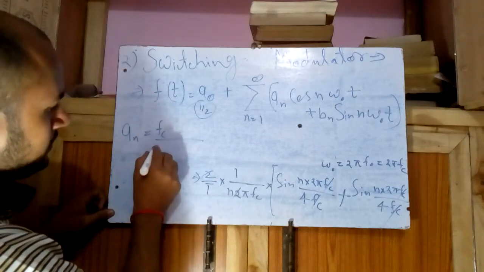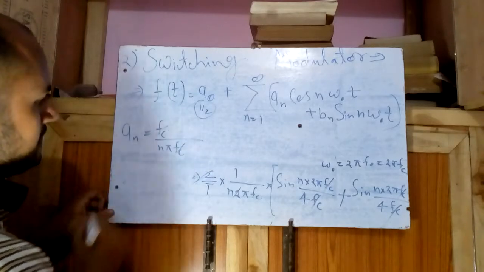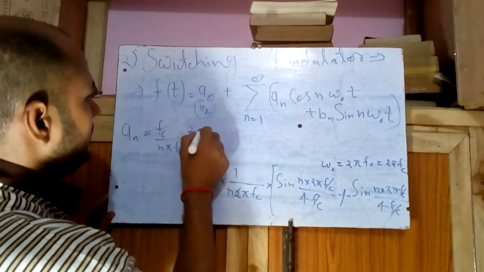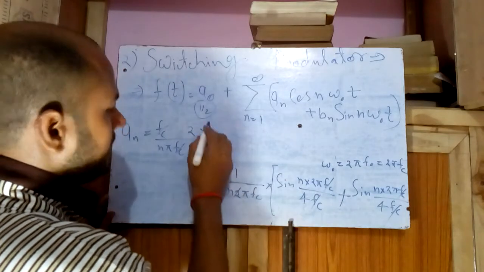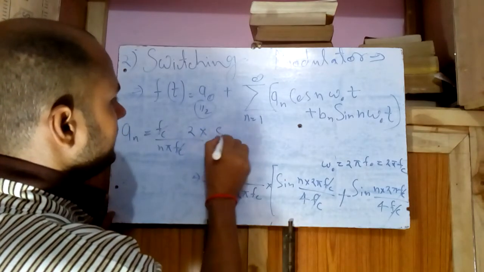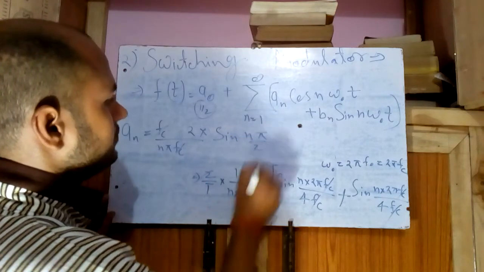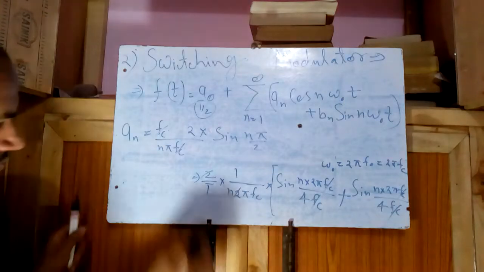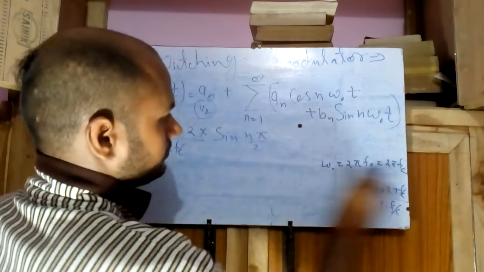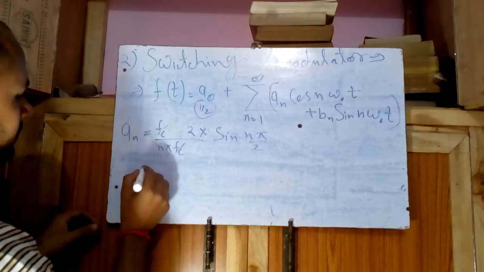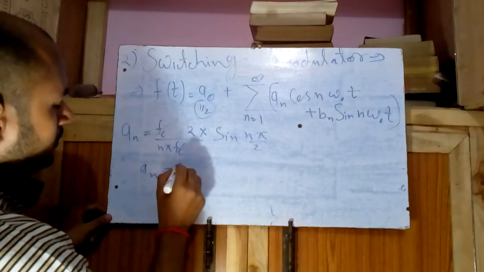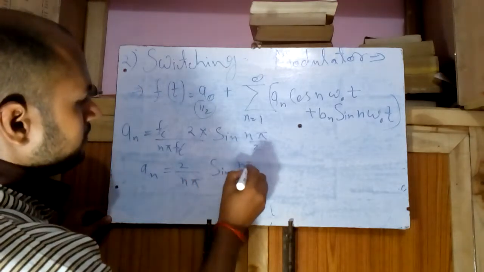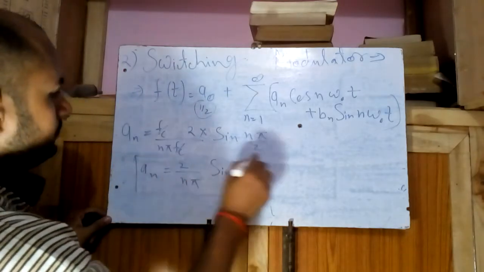So Fc divided by n pi Fc, Fc cancels, sin plus sin, that is 2 sin, 2 into n pi by 2, and sin n pi by 2, right? So it is an is equal to 2 by n pi into sin n pi by 2.